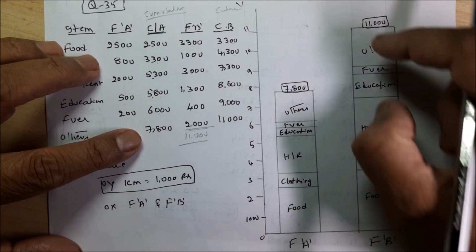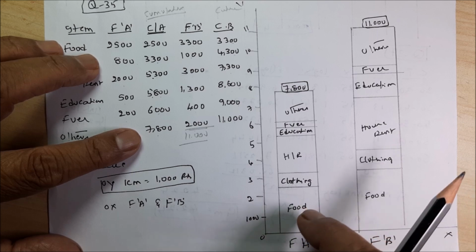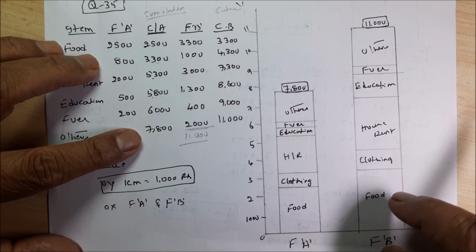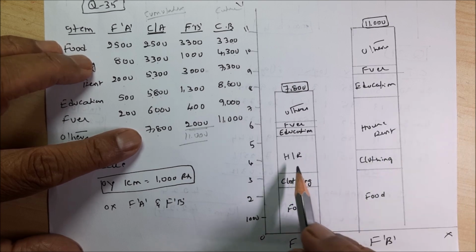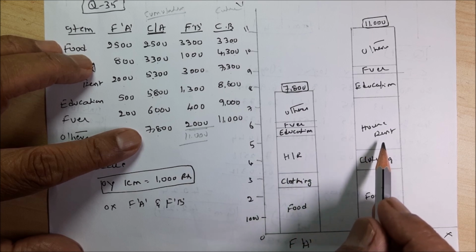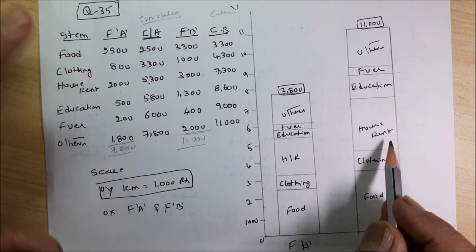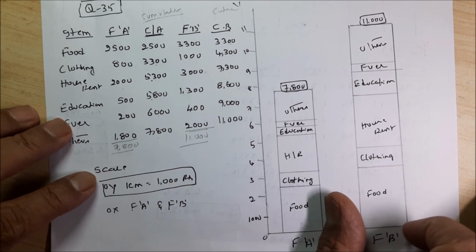So these bars represent the expenditure. We can easily say that family A is spending less for food, whereas family B is spending more for food. Likewise, we can make comparison. House rent in A is less, but in B it is more. So this is the 35th question, writing a subdivided bar.